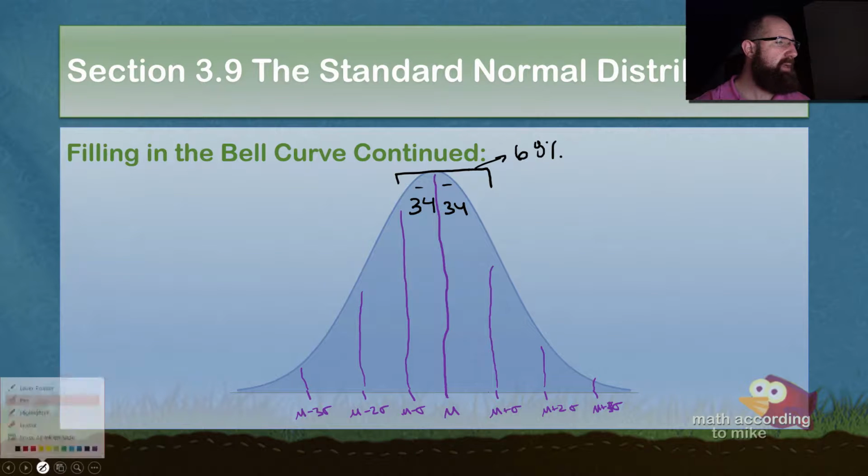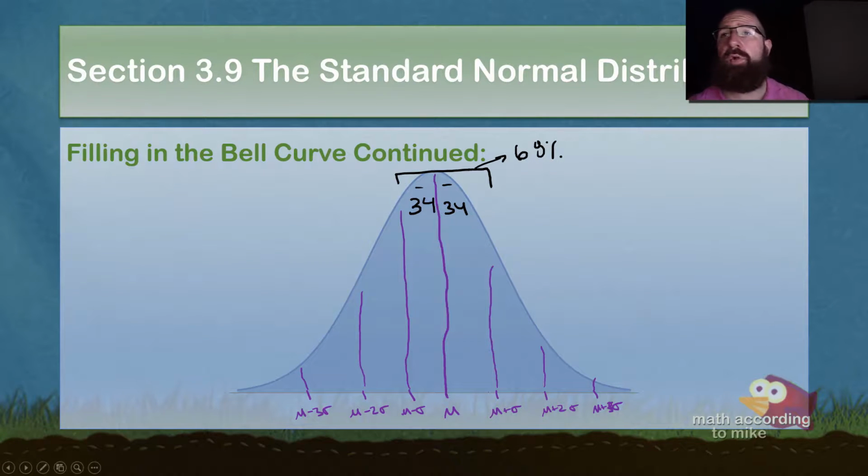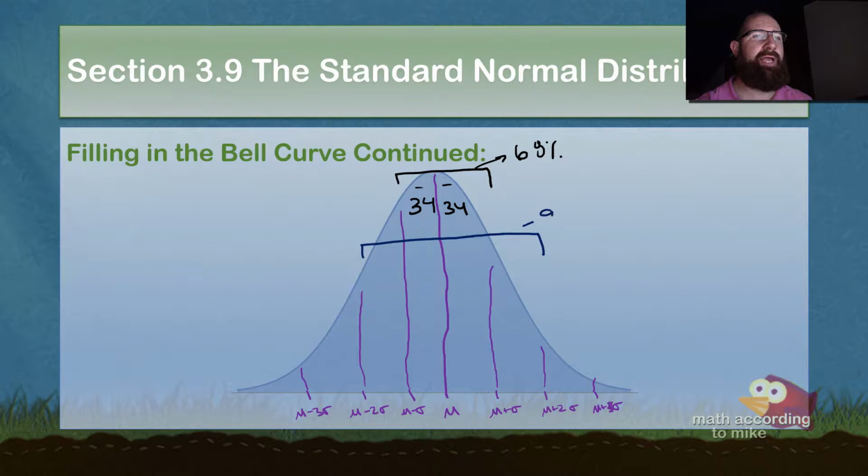All right. Next up, you are told that 2 standard deviations of the mean, meaning from here to here, adds up to 95%. Well, the 68 is within the 95.